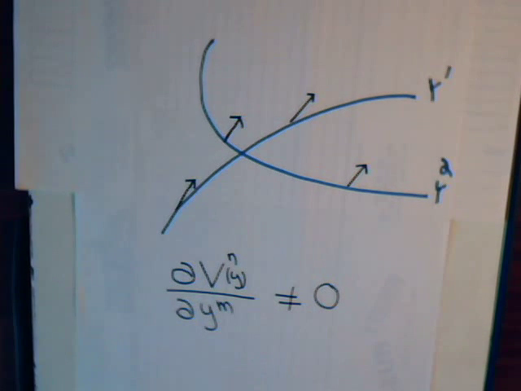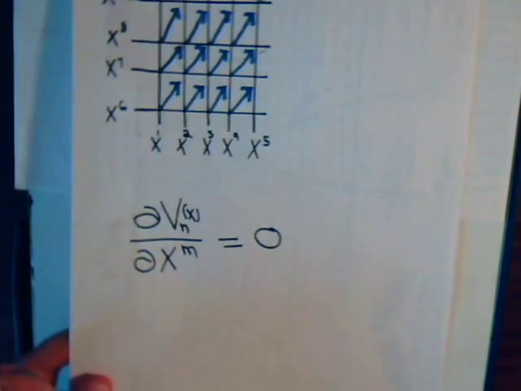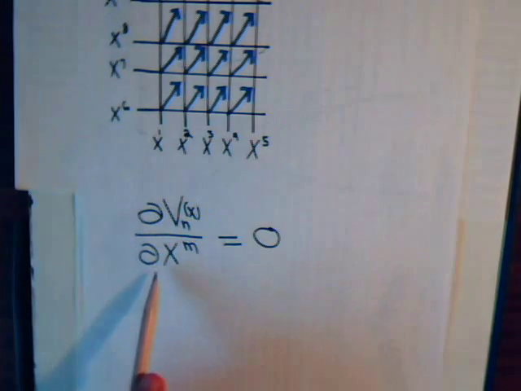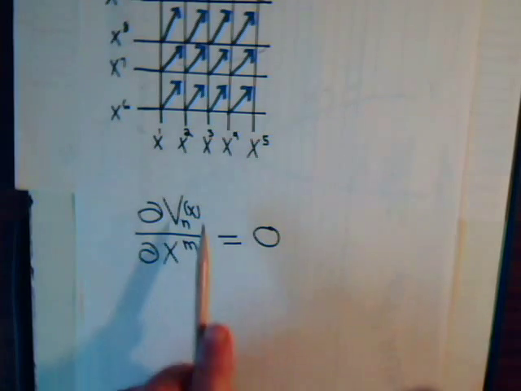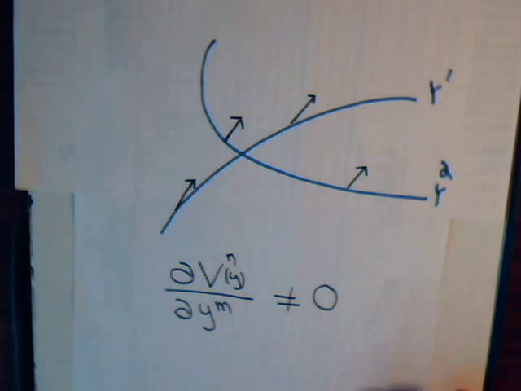But that doesn't happen. Also, if we took partial derivatives of the covariant components, those too would come out to be non-zero. So here's an example where derivatives of vectors are not behaving like vectors or tensors. In this case, they come out to be 0, but in the different coordinate system, they are not 0.